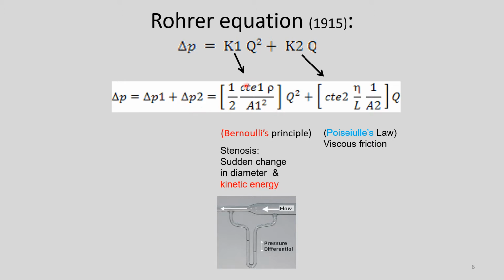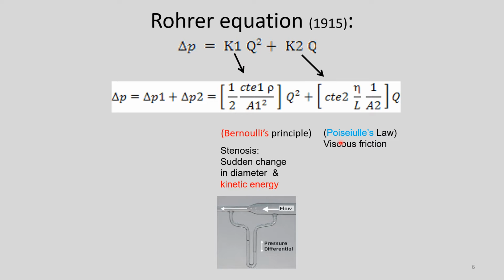So the first component is derived from the kinetic energy of the flow. And this is the Bernoulli principle or the Torricelli principle, which are principles that correlate with the kinetic energy of the flow. And you have the second term that is well known by us, which is the Poiseuille law, where the flow is telescopic and has friction inside the flow laminas.